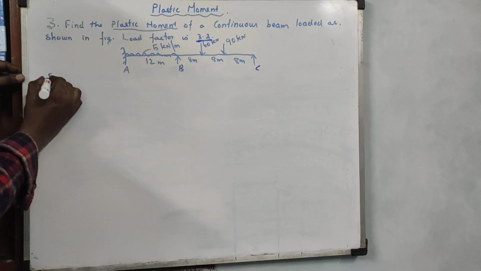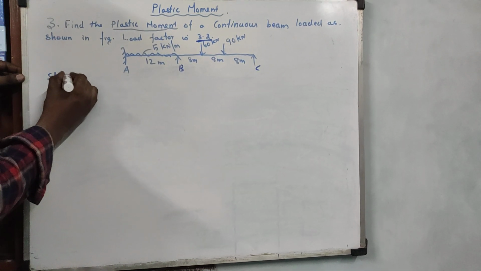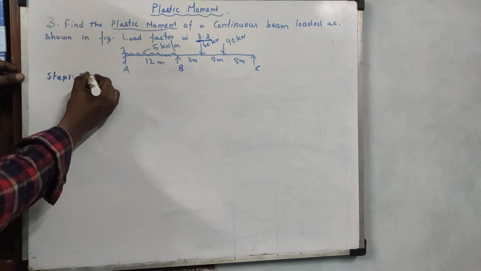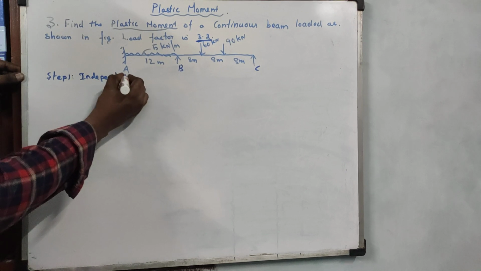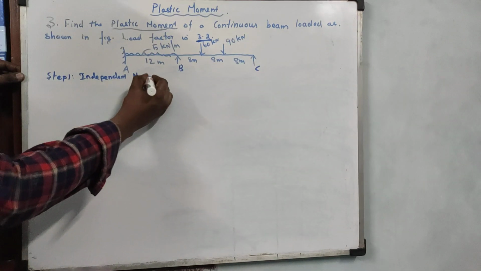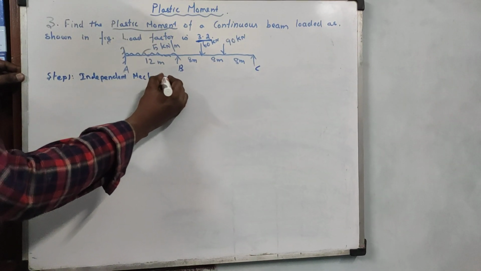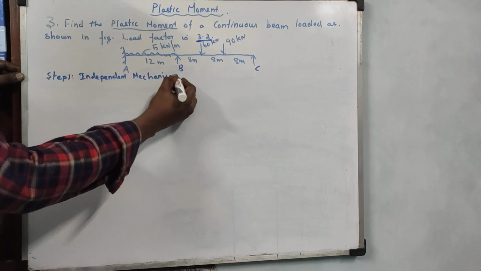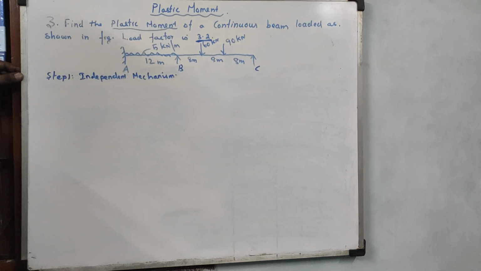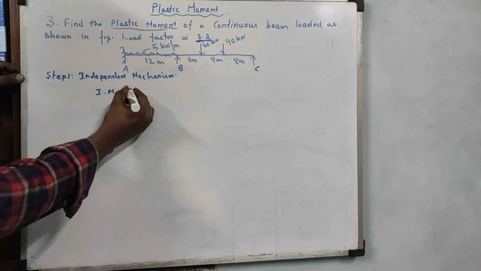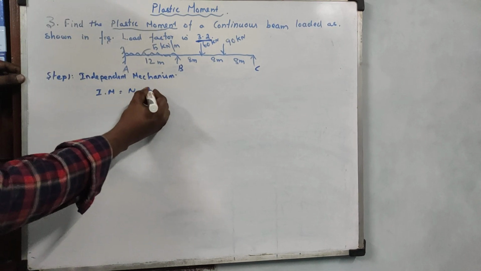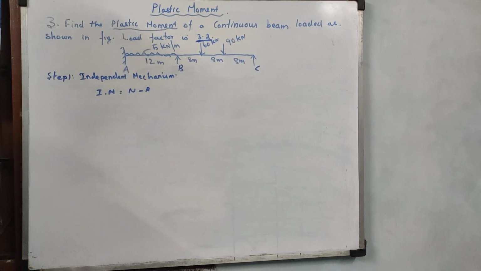Step 1, independent mechanism. We know that independent mechanism equals n minus r.